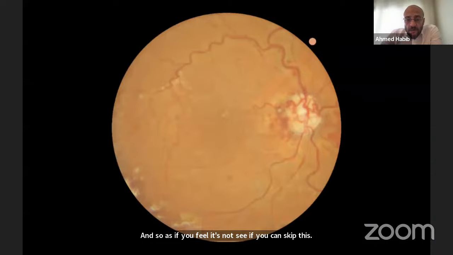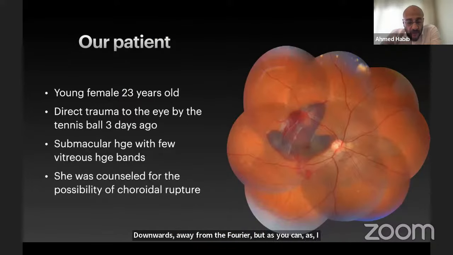The idea of the air is to push the subretinal hemorrhage downwards away from the fovea. But as I said, you can skip this. So that's the normal steps of the submacular hemorrhage surgery.